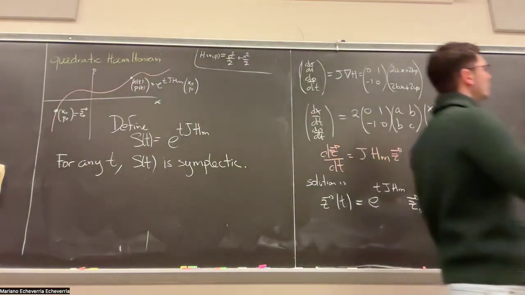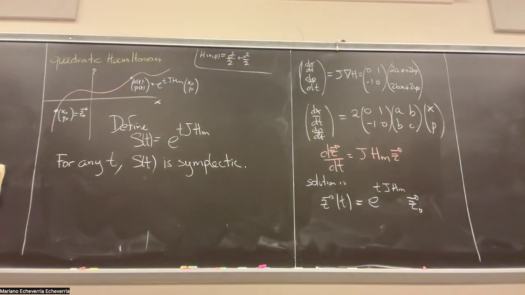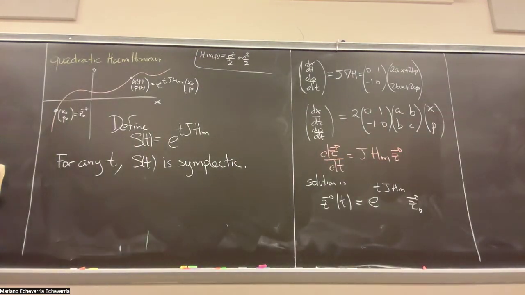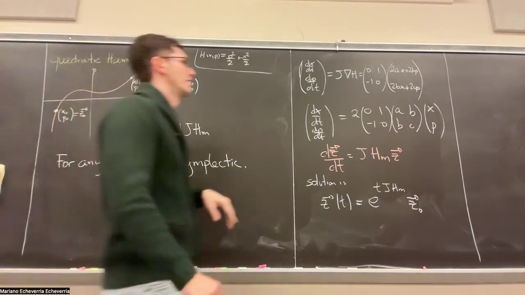So what I'm going to do now is show you why this is true. It's a cute trick because it's a good excuse to play a little bit with the properties of the exponential of a matrix, which is always a good exercise to have around.